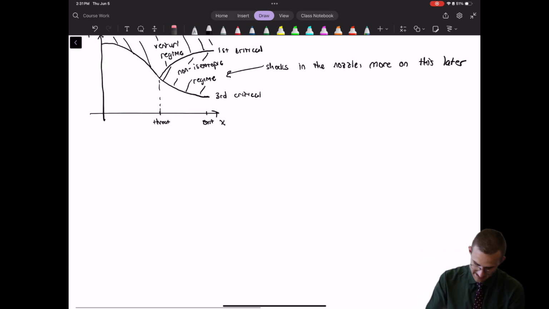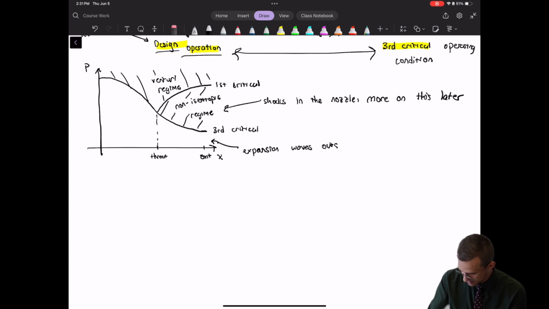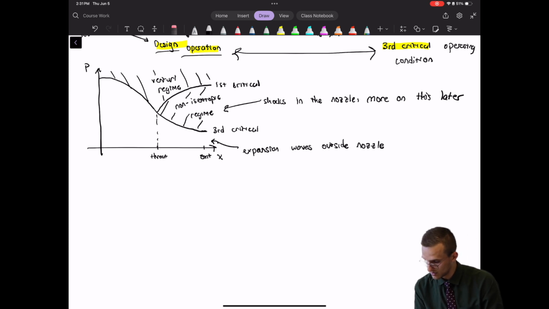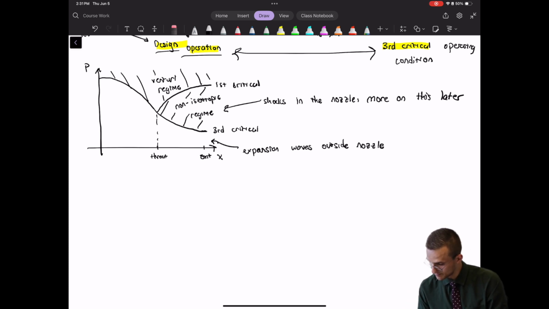Okay, and then down here, if you chose a back pressure that's sort of below the third critical, then you'd have expansion waves outside the nozzle. And again, that's something that we will cover more later. But inside the nozzle, it'd be the same as though you're at the third critical, if your back pressure is lower than the third critical.